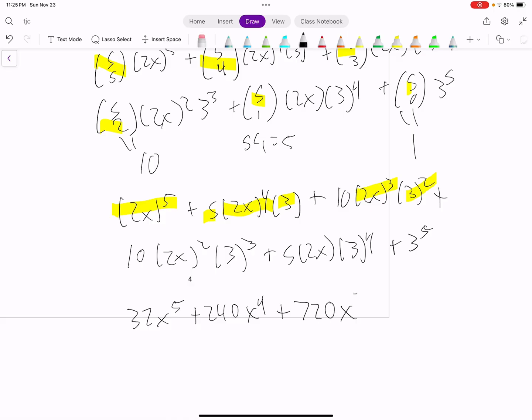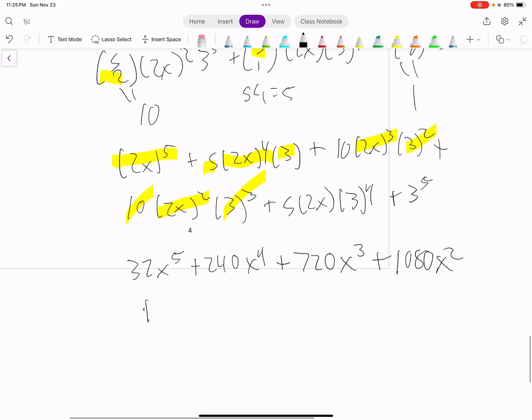So this would be 720x cubed. Now, next row, (2x) squared is 4x squared. 3 to the third is 27 times 10. So that's 40 times 27, which is 1080. So that's 1080x squared.